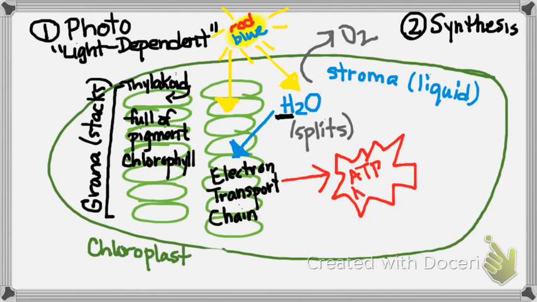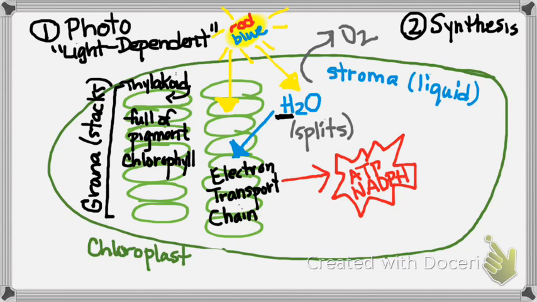We're going to make ATP and something called NADPH, which is also an energy-carrying molecule. Okay, so in the light-dependent reaction, what we did is we took sunlight and we made ATP and NADPH, and we also gave off some oxygen. Okay?